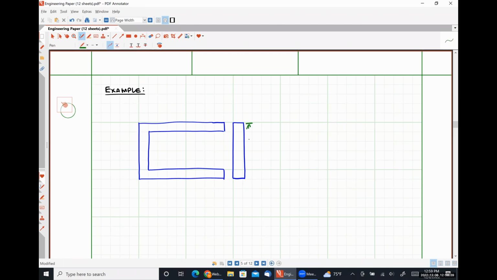Let's call this length L2. This width W. Let's call this length L1.